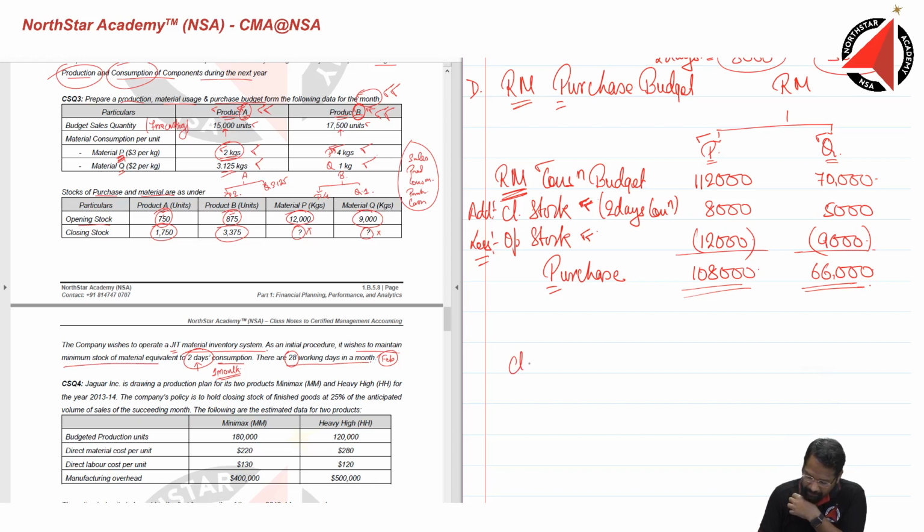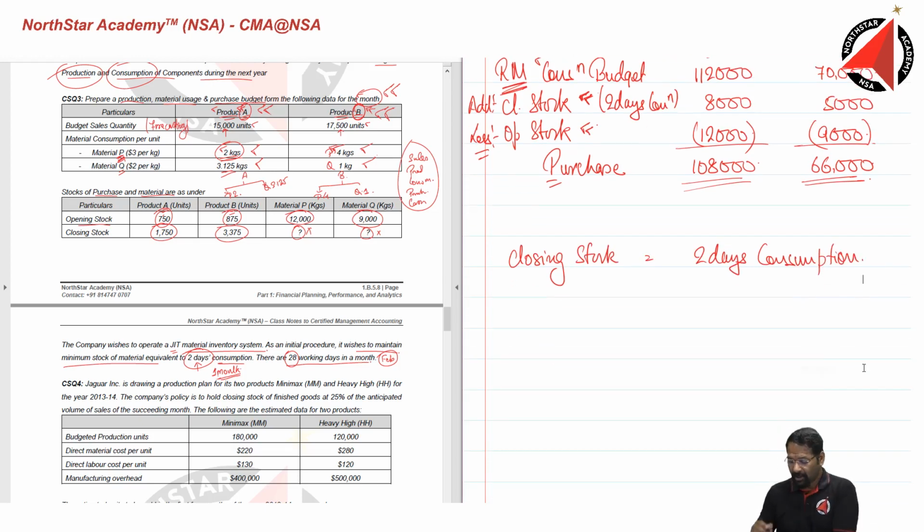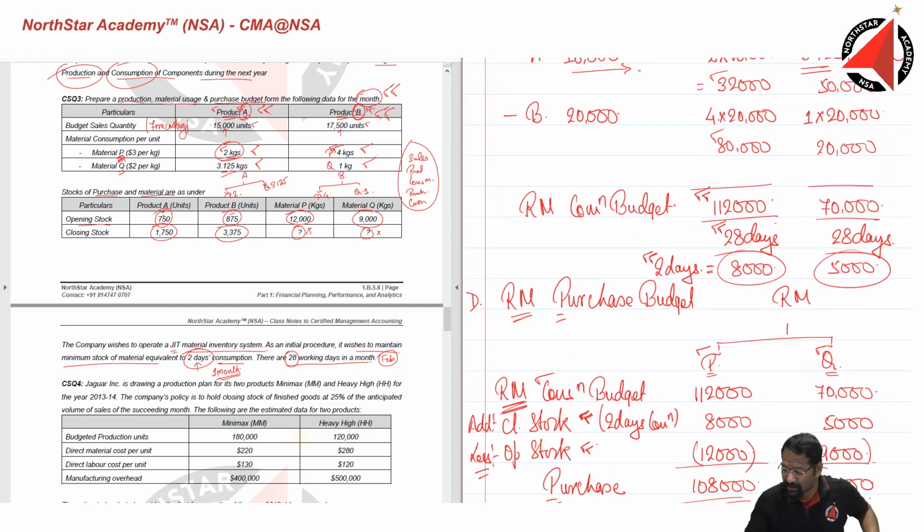Closing stock. The question says closing stock is equal to 2 days consumption. So what is my 28 days consumption? It is my consumption budget, my 1 month consumption, which is 28 days.